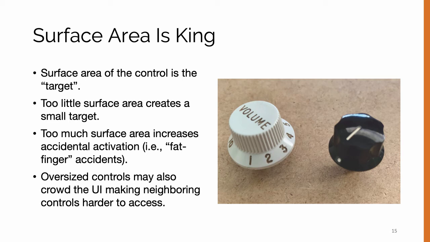So there's a delicate balance there, but you can see on this right side here, this skirted design. One of the things it's trying to do is increase the amount of surface area you've got on this particular knob. Not only do you have surface area on this fluted edging here, but you also have surface area on this skirted edging as well.